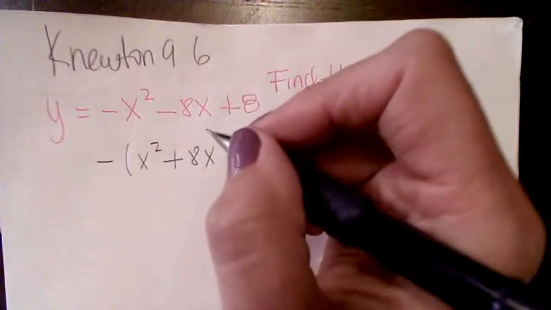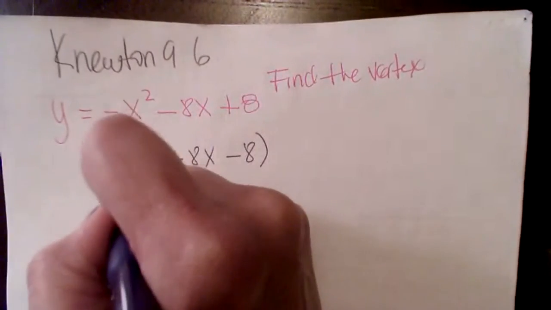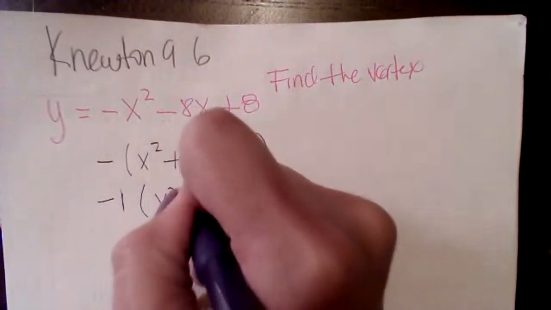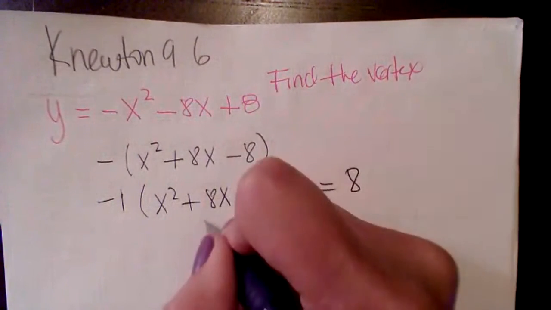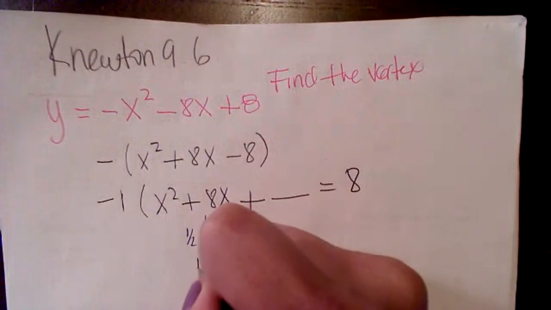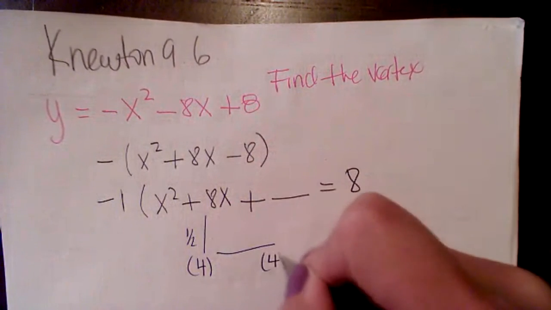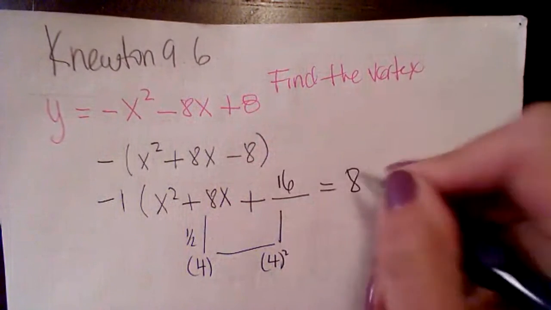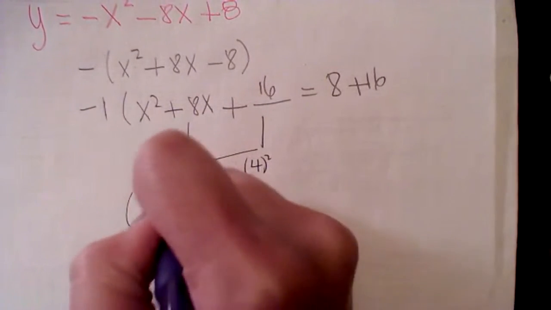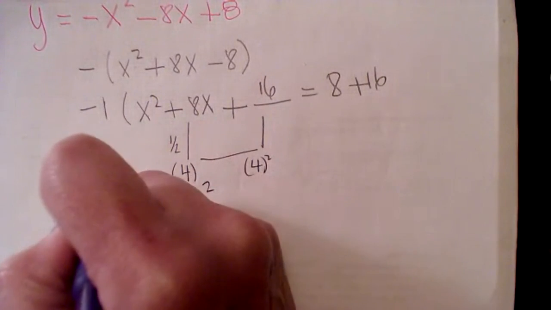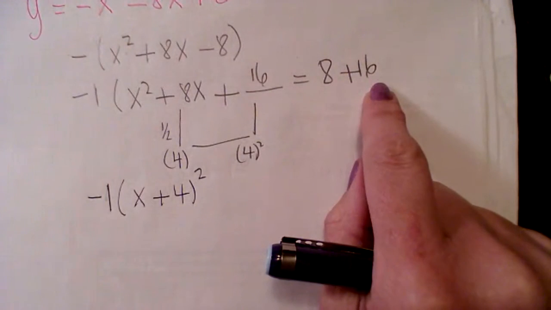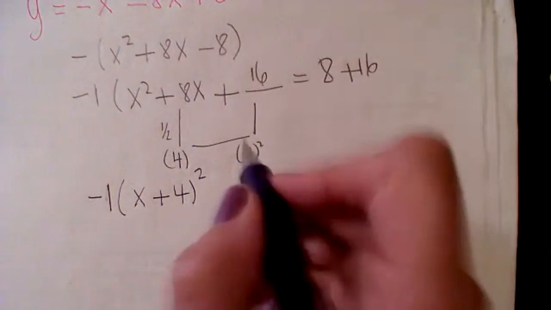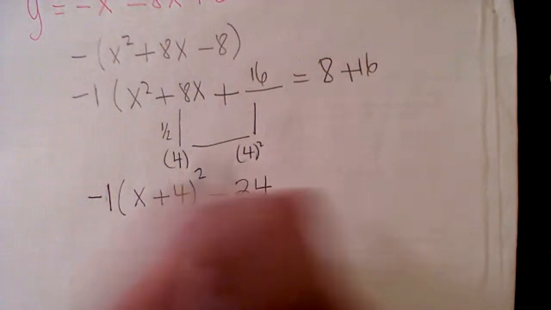All right, now remember we have this here, so we have the x squared plus 8x. So this one will be half of 8 is 4, squared will be 16, and we're adding 16 here. So what we have here is x plus 4 squared. Remember, I have a negative here. 8 plus 16, 24. When I move it to the side, it's going to be negative 24.